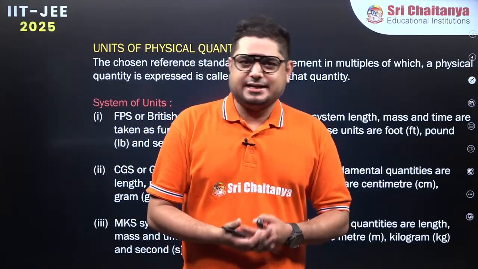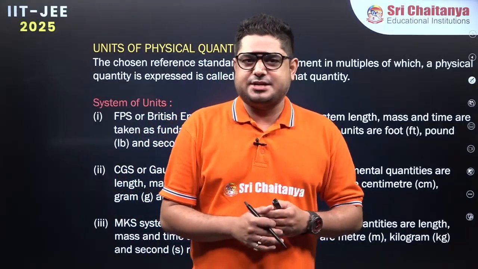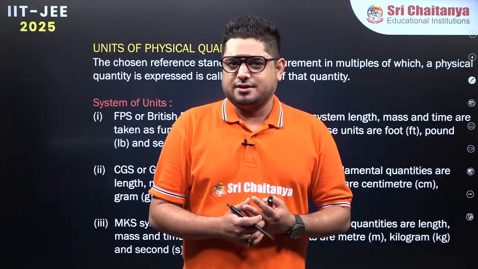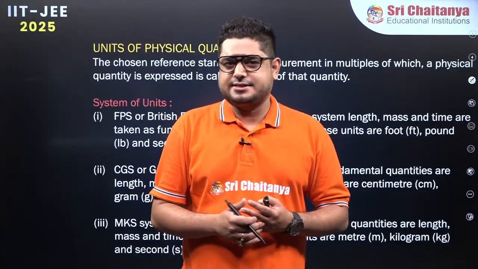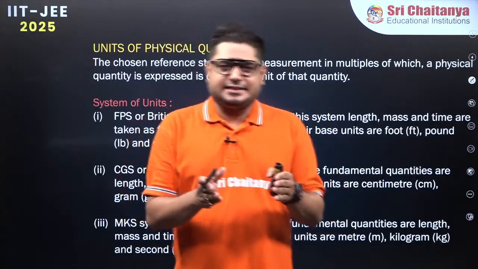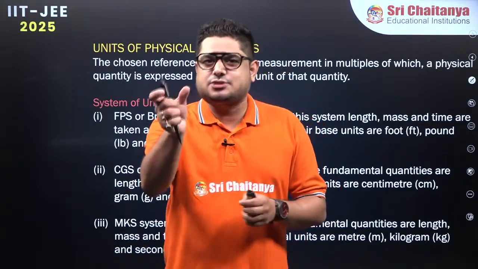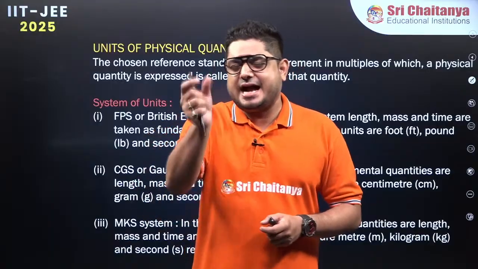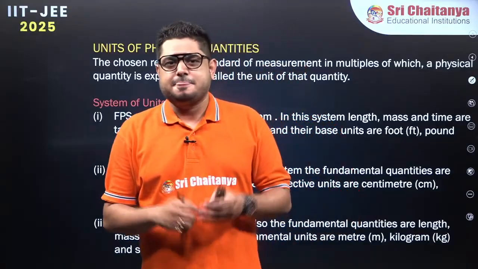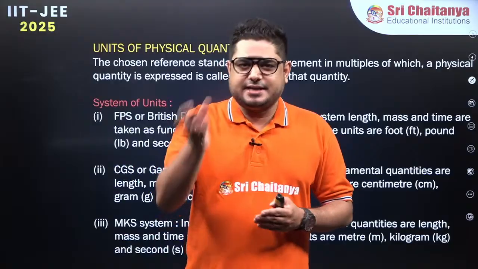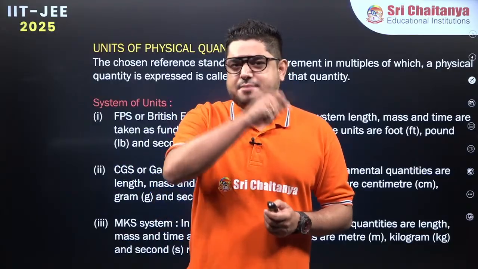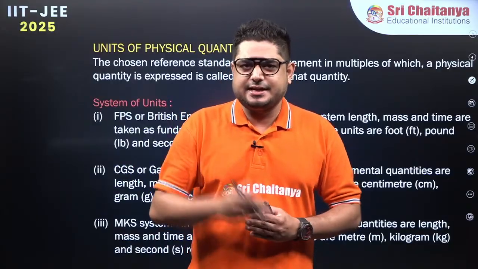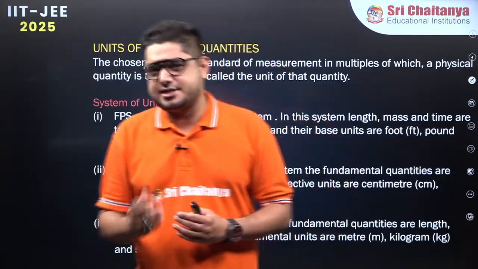The speedometer measures the speed of the car or the two-wheeler, so obviously there is some unit associated with it. That unit is going to be a derived unit or fundamental unit, which we are going to discuss in this chapter of units and measurement.